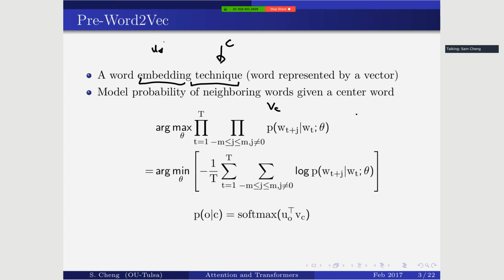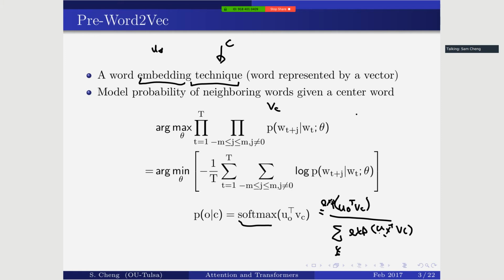And then the probability will be like the inner product of UO and VC, and of course I need to make it a probability. Therefore, I apply a softmax here. What it means is that this normalizes exp of UO transpose VC, over the sum of exp of UX transpose VC for all possible X. Note that I'm summing over all possible words.